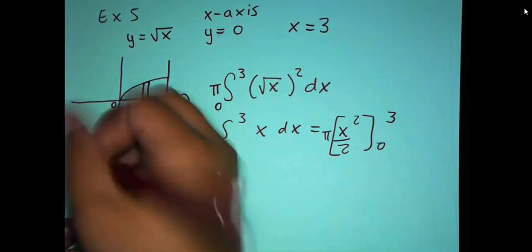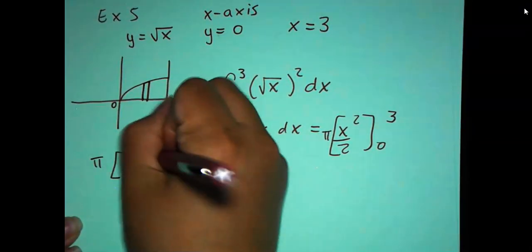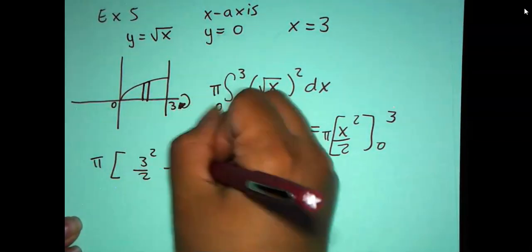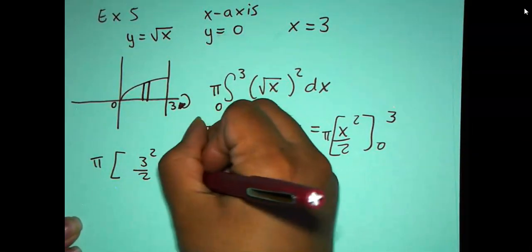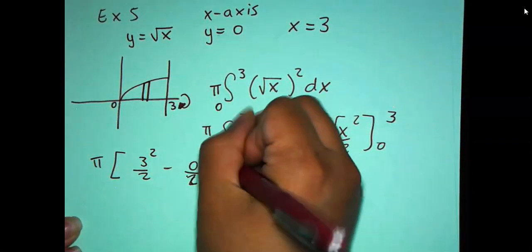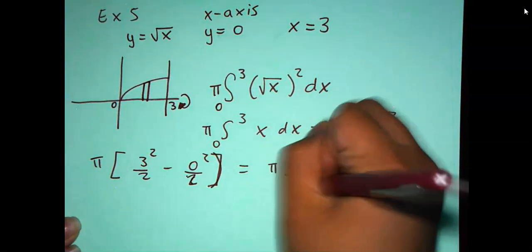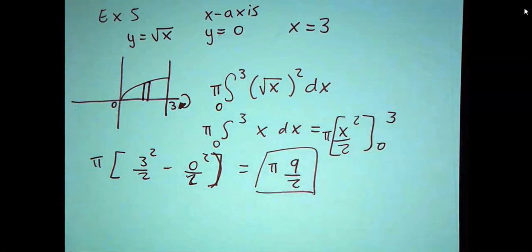So then we have pi times 3 squared over 2 minus 0 squared over 2. So we have pi times 9 over 2. This is when we're rotating it on the x-axis. Next one is rotating it on the y-axis.